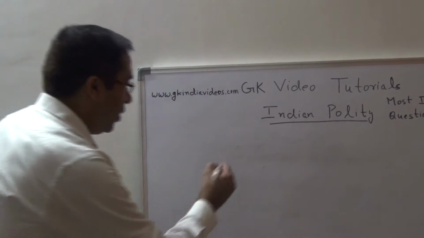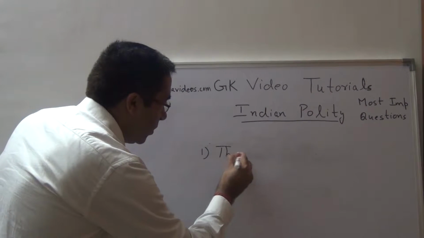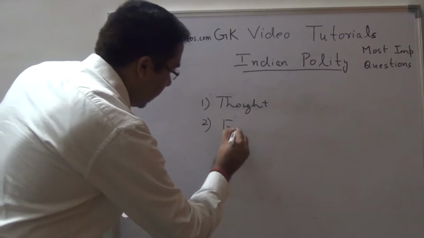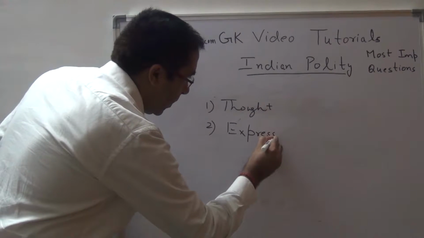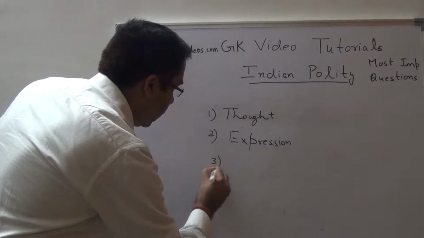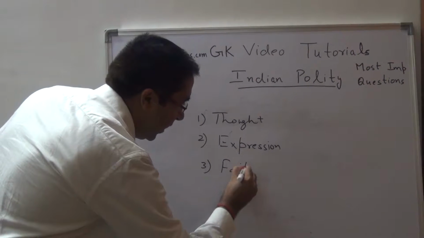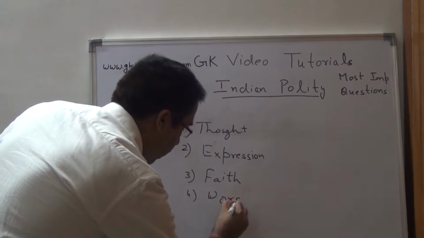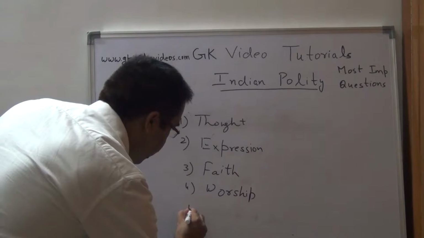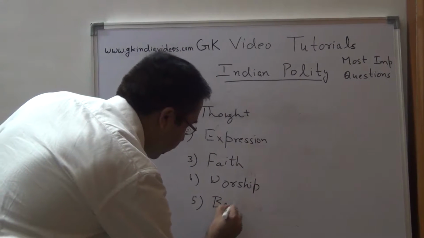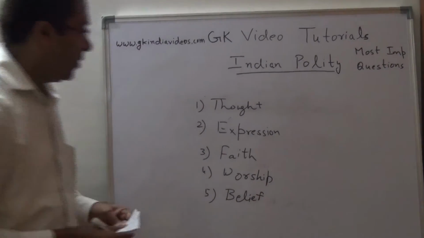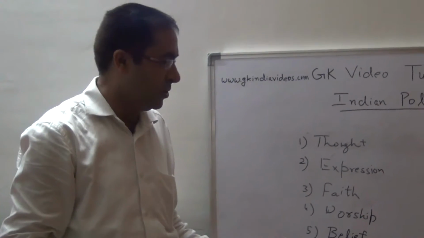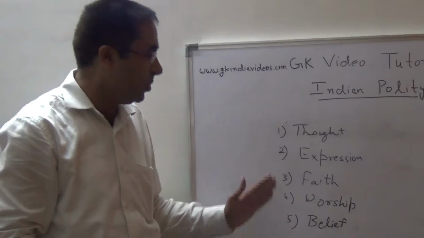Liberty means liberty of thought, liberty of expression, liberty of faith, liberty of worship, and liberty of belief. We also have to remember these types of liberty given in the preamble of the Indian Constitution. We can also get a question based on this.